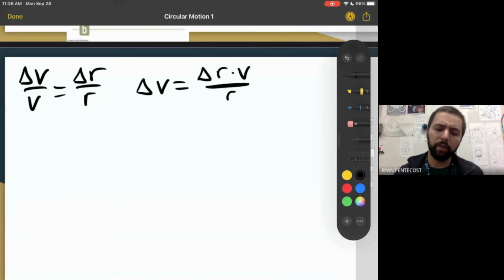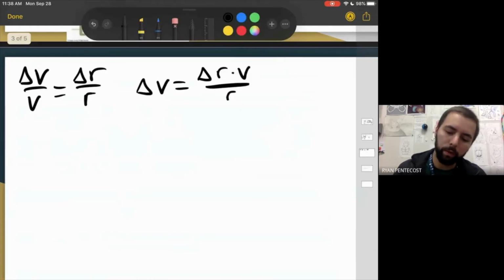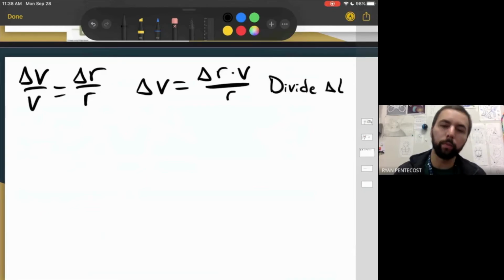Now, if we divide both sides by delta T, that could start meaning something. Delta V over delta T is acceleration, right?